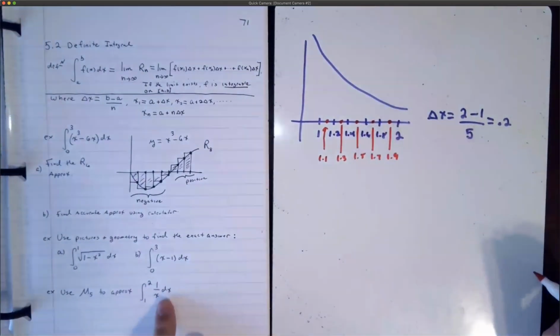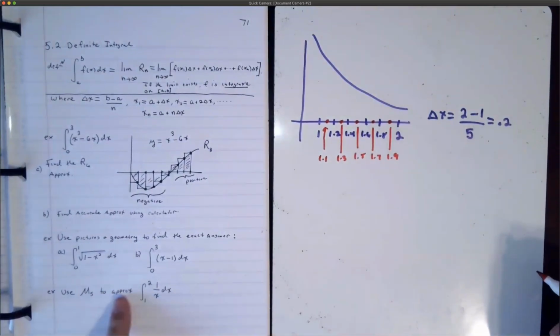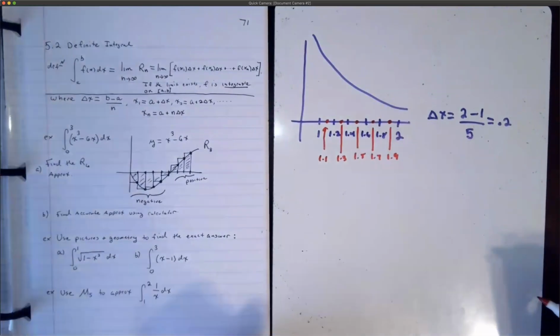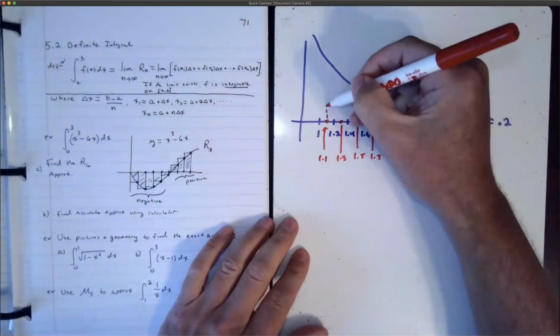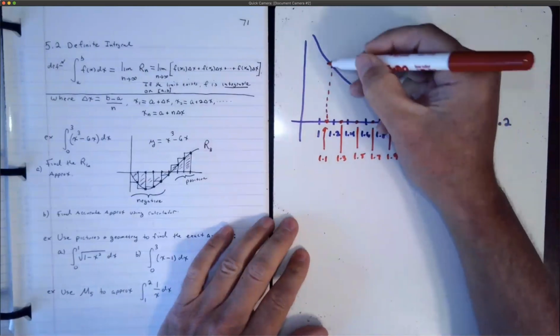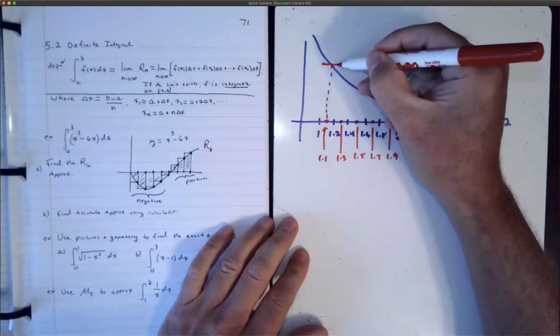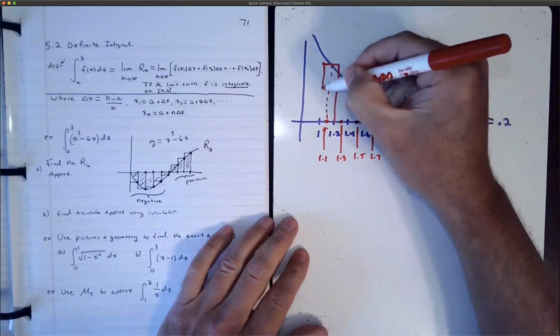So once again, we're just finding an approximation. We're not finding the exact answer. This is an approximation. All right, so the picture would be, draw a dotted line, and then draw the rectangle with base delta x, 0.2.